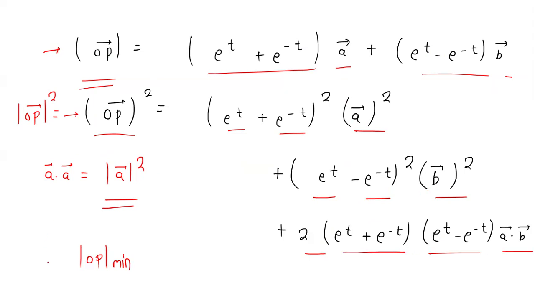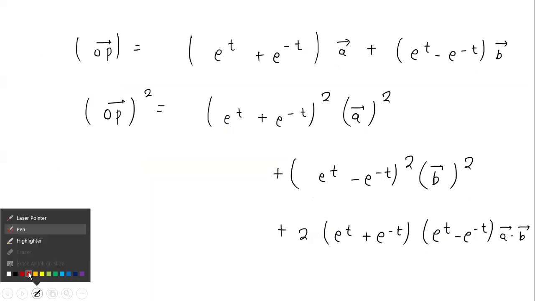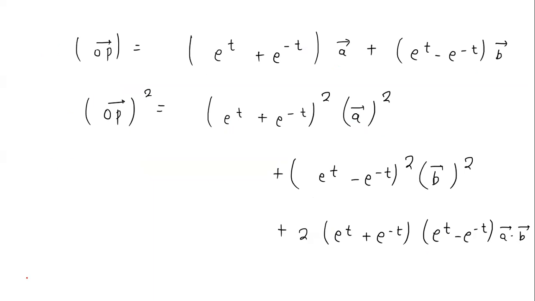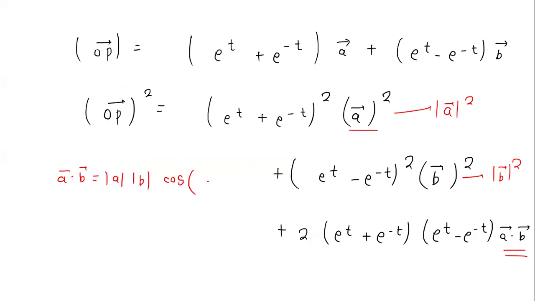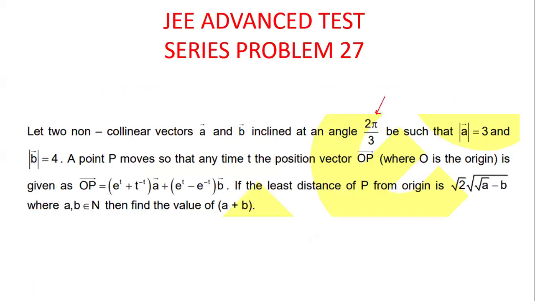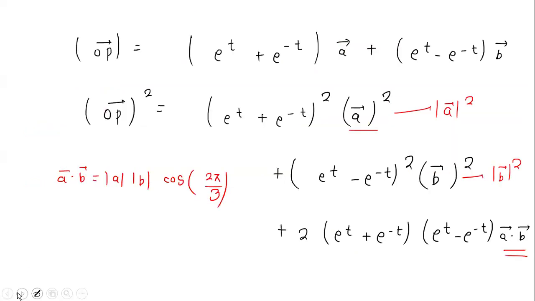Now we know this is the length of vector a squared, this is the length of vector b squared, and this is the dot product. The dot product of a and b is the length of a times the length of b times the cosine of the angle between them, which is 2 pi by 3. The length of vector a is 3 and the length of vector b is 4. So this is the information we have.